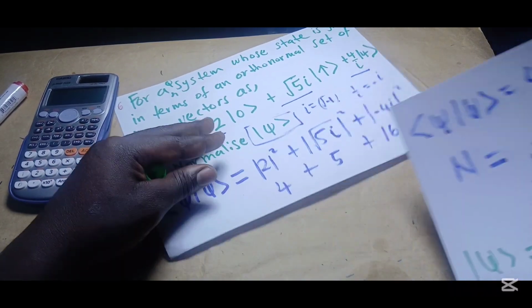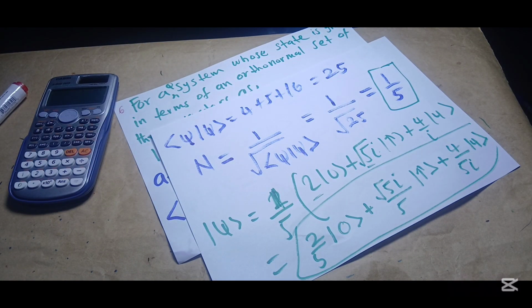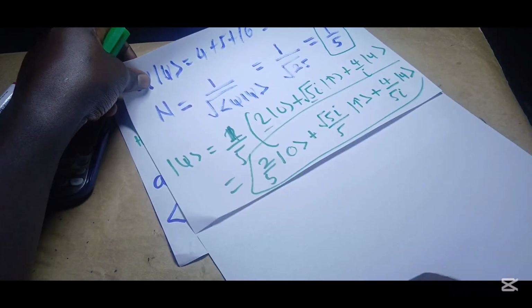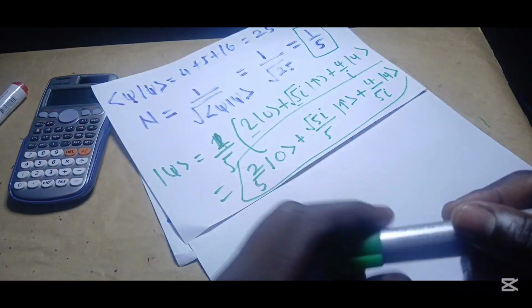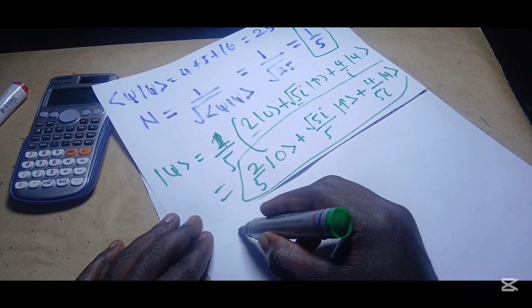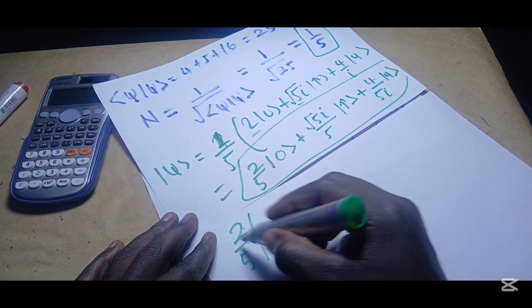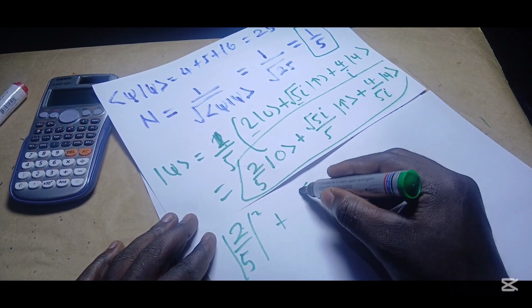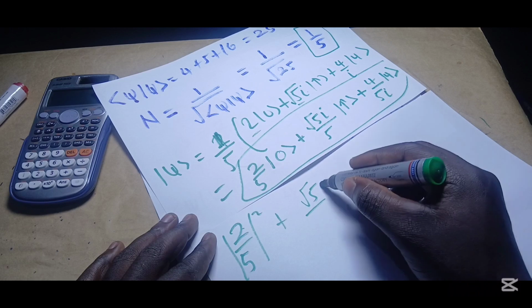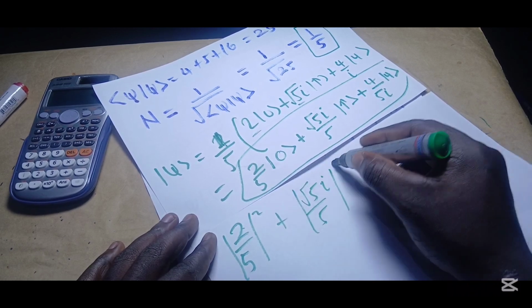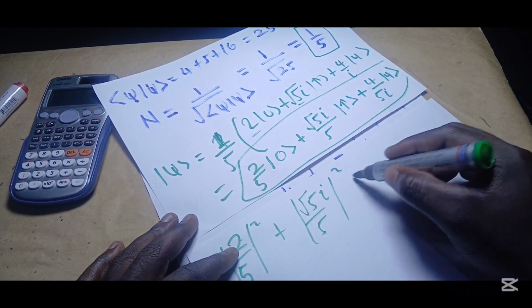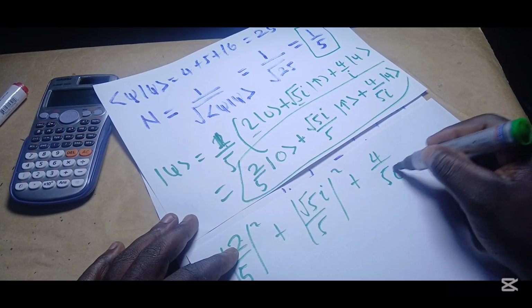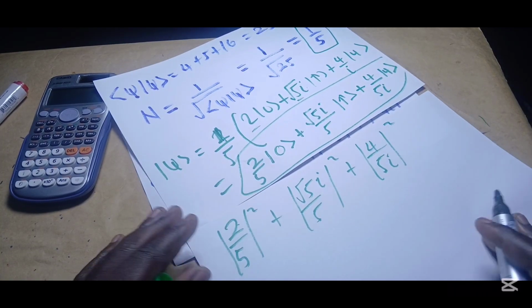Then how do we prove that? Just take the absolute square of the coefficients. So we have 2 over 5 absolute squared, plus square root of 5i on 5 absolute squared, plus 4 on 5i absolute squared.